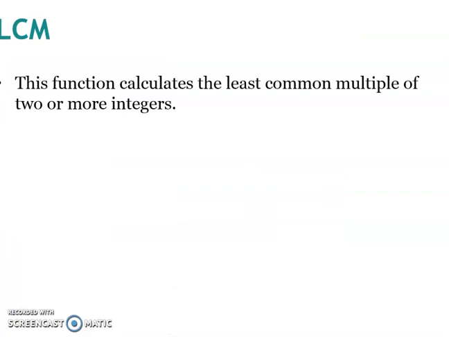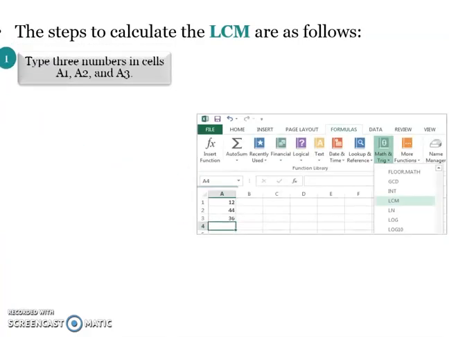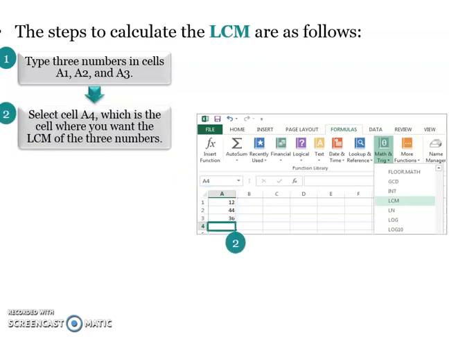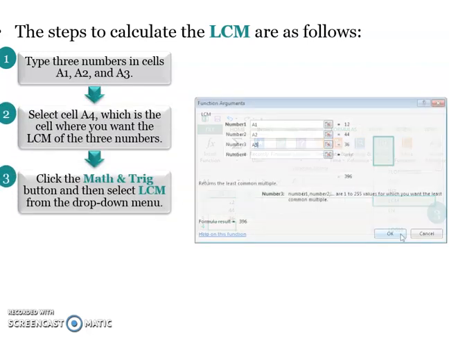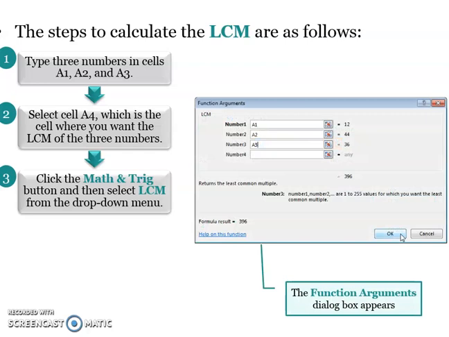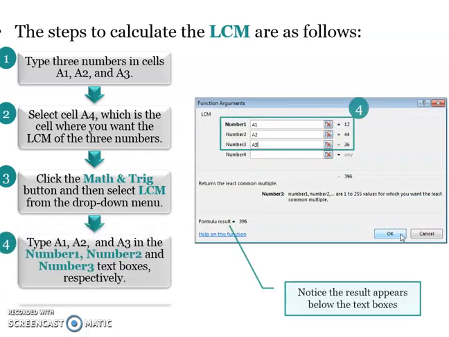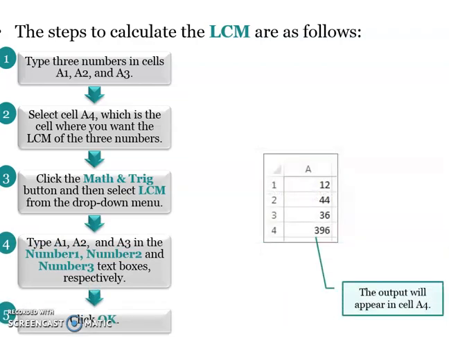Like that, you have to find the LCM. Write two values or three values, whatever you want. Just go to Math and Trig, in the drop-down select the LCM. When you find the LCM, this type of dialog will appear and your answer will be shown. Just click OK and your value will be shown in the required cell.